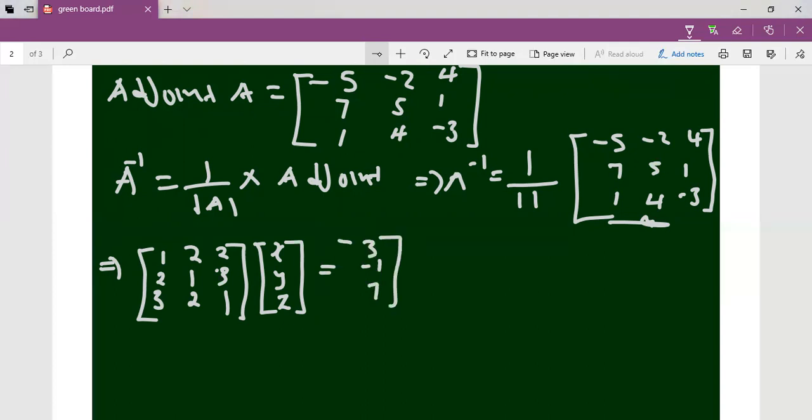So what we need to do is to multiply both sides of the equation, that is the left-hand side and the right-hand side, by our inverse.